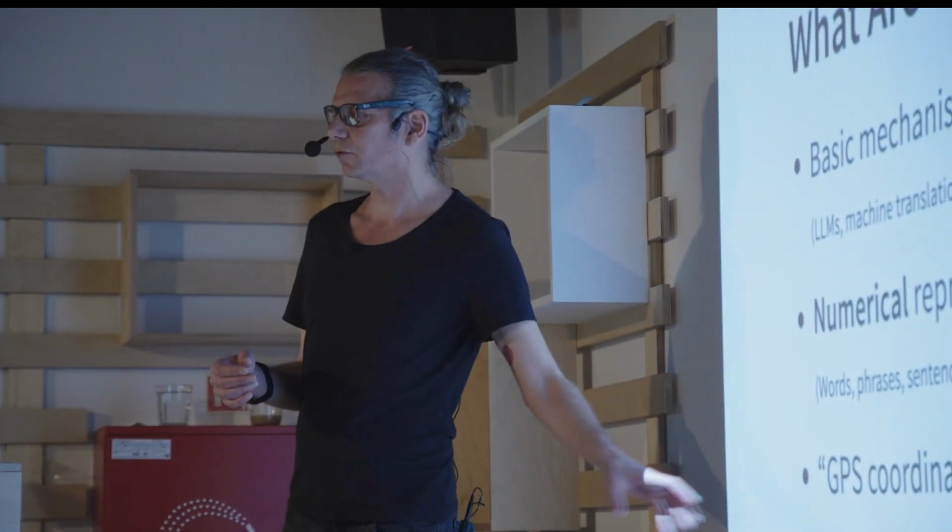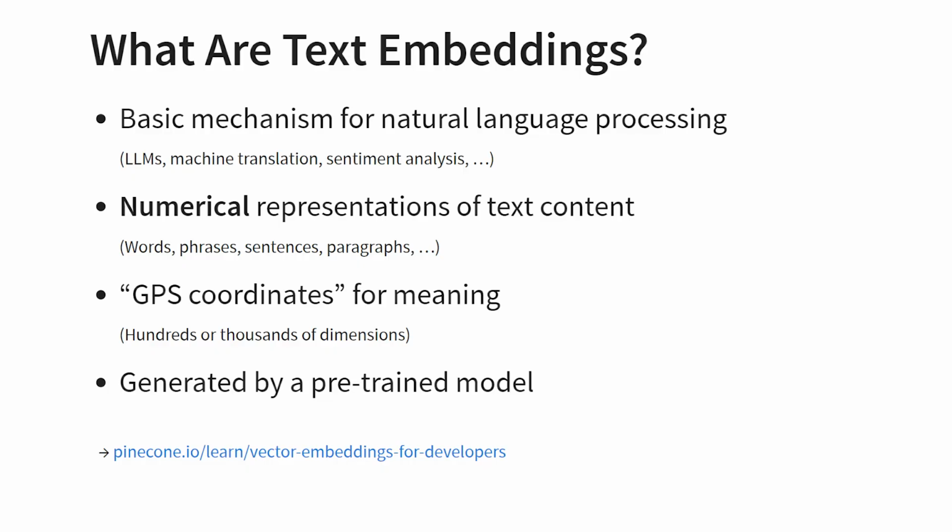More conceptually speaking, we can consider embeddings to be something like GPS coordinates for meaning. If you think about it, GPS is a pretty useful system. There is a list of just two numbers, latitude and longitude, and that pinpoints exactly this room on the planet.